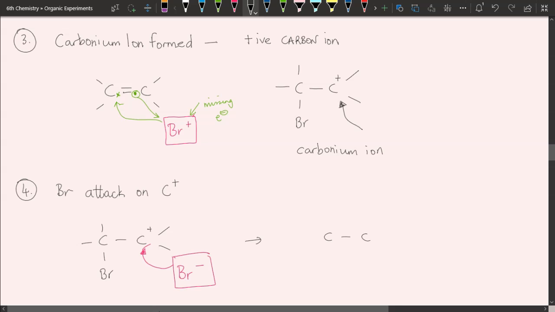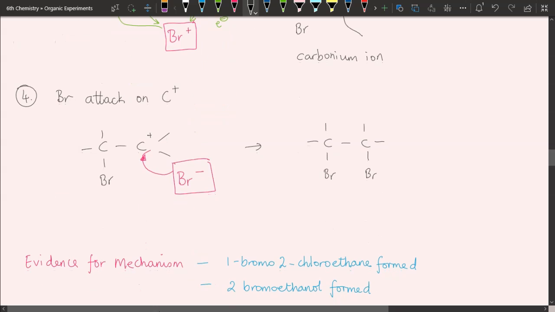That then brings us to two Brs in a single bond. And the hydrogens are pushed around. So this particular substance here is your 1,2-dibromoethane. And that's the end of that mechanism.